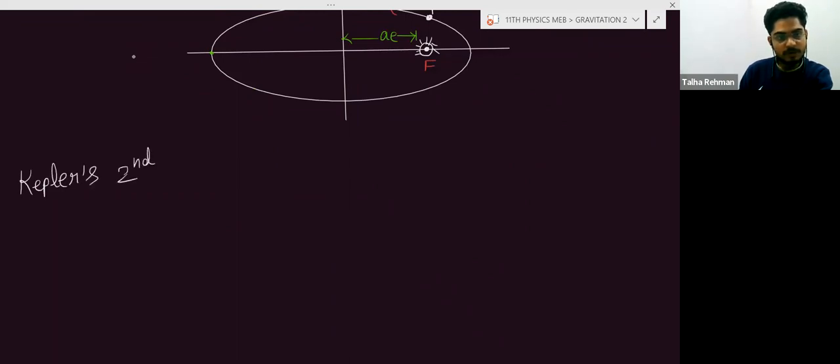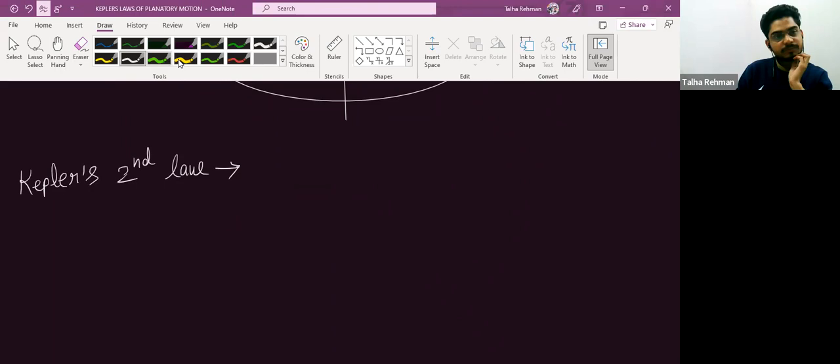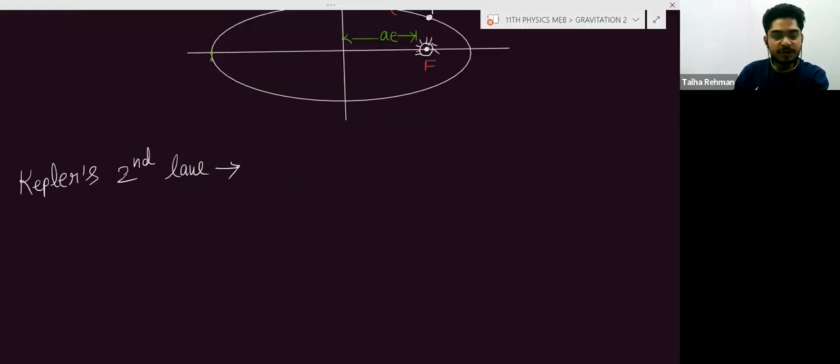Kepler's second law says that planets do not revolve around the sun with constant speed.